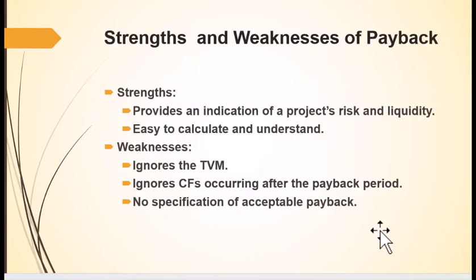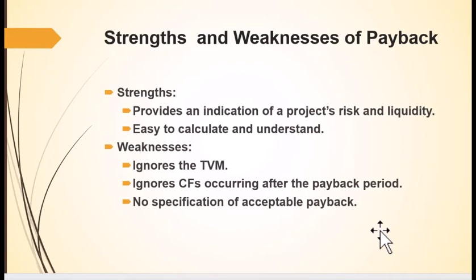And so, the strengths and weaknesses of the payback method: it's a very simple method used by a lot of small businesses, and it gives us an indication of risk. It's easy to calculate, it's easy to understand. Again, time value is an issue. It also ignores any cash flows that occur after the payback period. And of course, how do you figure out what's an acceptable number? Management has a very subjective decision here, right?